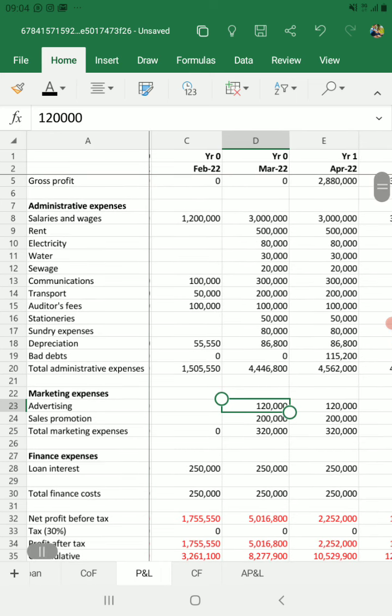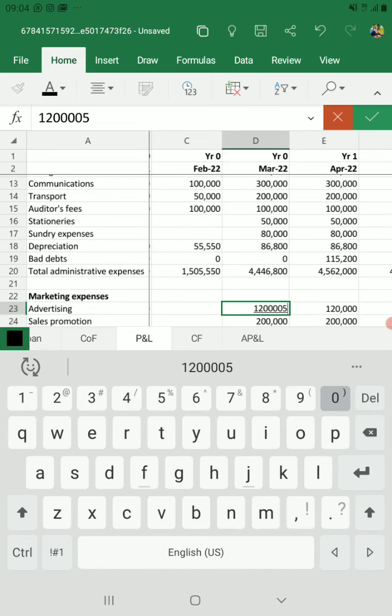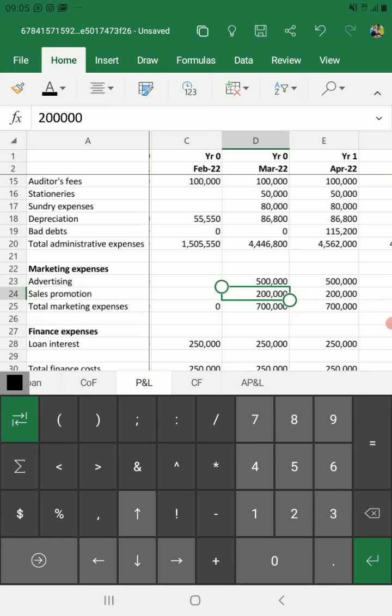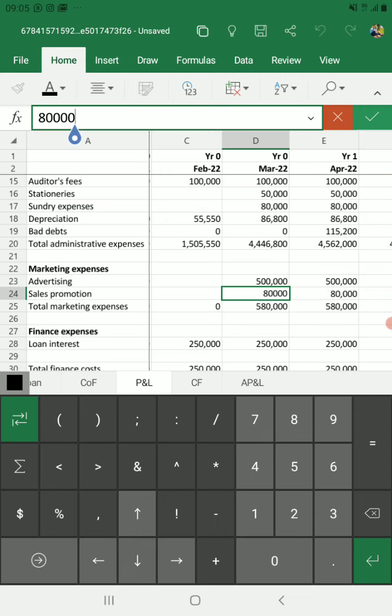So instead of 120 per month, edit this figure, we need 500,000, and for sales promotion, instead of 200, we need, say, 800,000 per month.